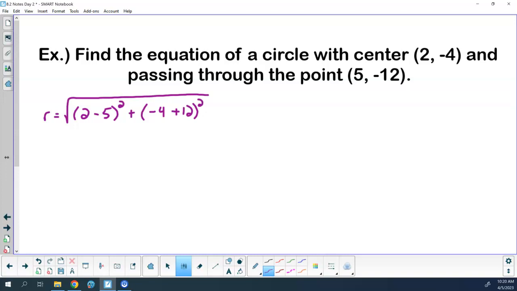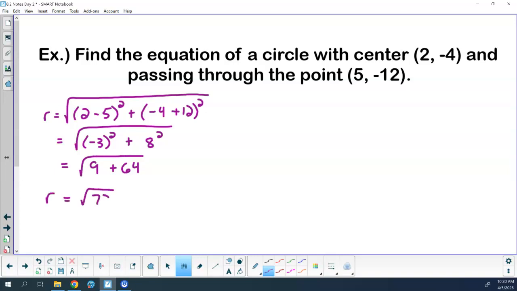Okay? 2 minus 5 is negative 3. Negative 4 plus 12 is 8. Negative 3 squared is 9. 8 squared is 64. So I get the radius here is the square root of 73.